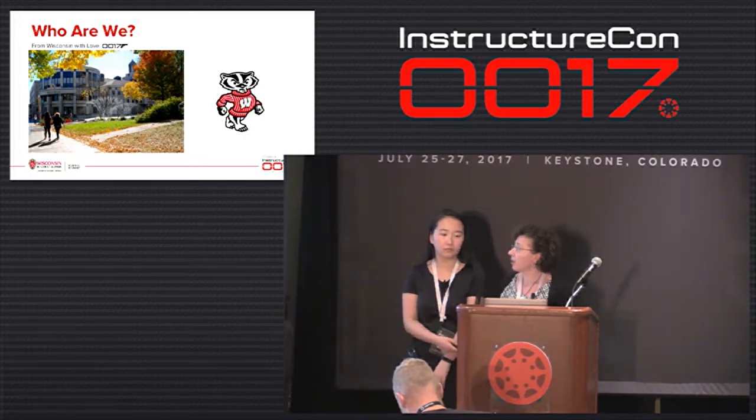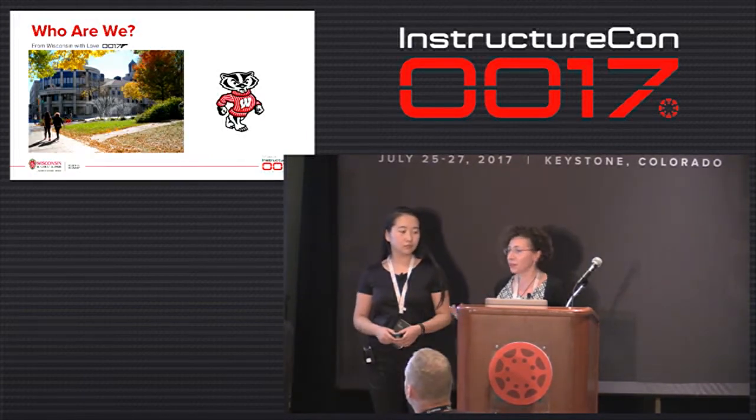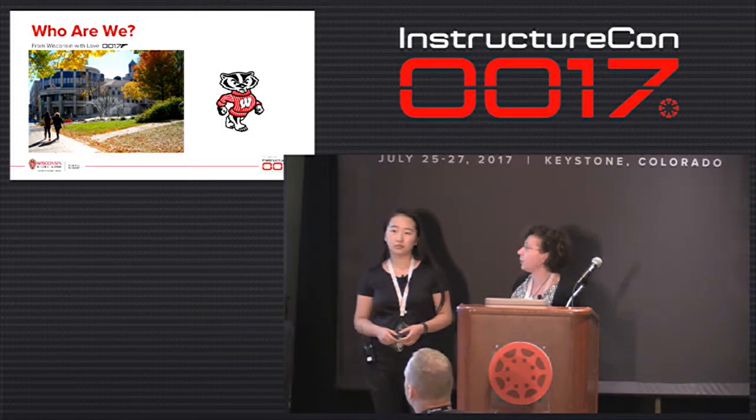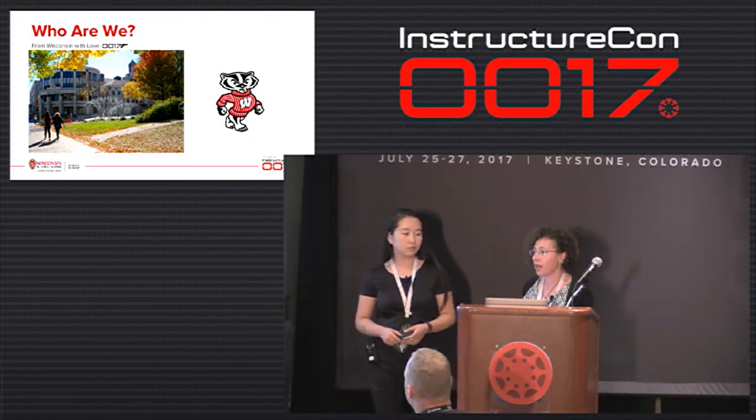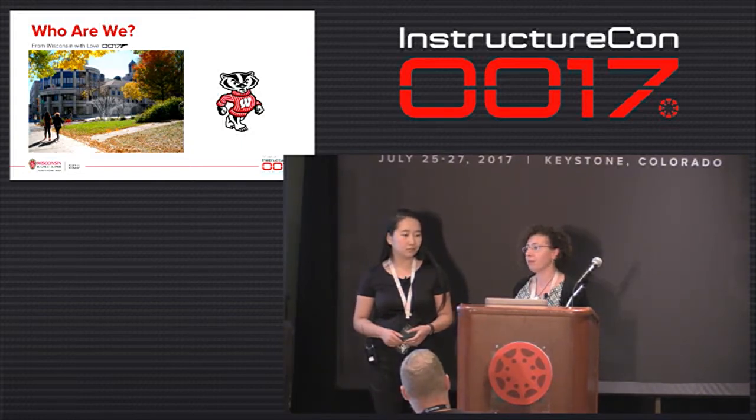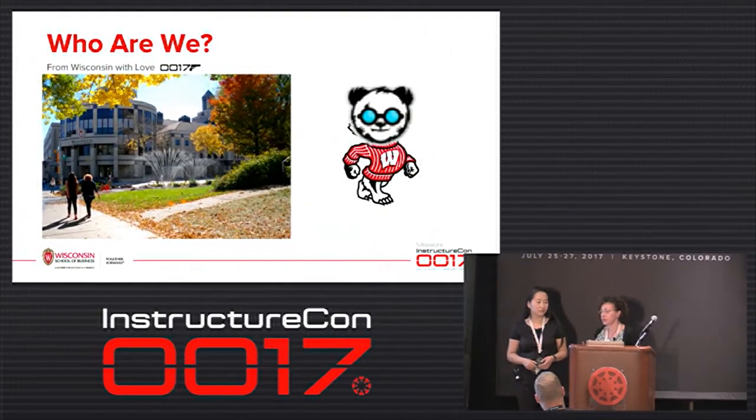So a little bit now about our background. As you have understood, we're from the Wisconsin School of Business, and we are in the midst of our transition from Moodle to Canvas and from D2L to Canvas. About 90% of our users are transitioning from Moodle to Canvas, while only 10% from D2L.